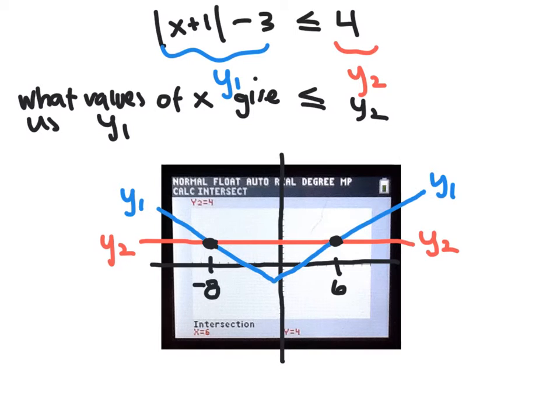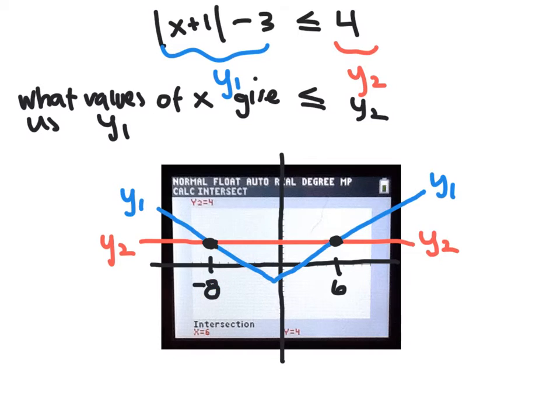In other words, we could ask ourselves, when is y1 below y2? So what values of x is y1 below y2?